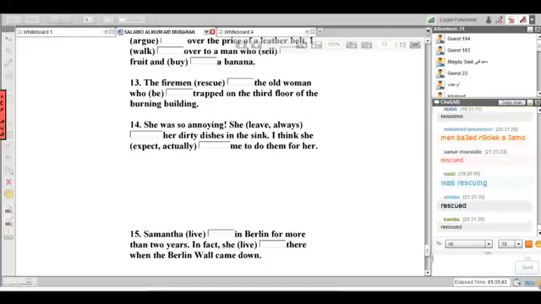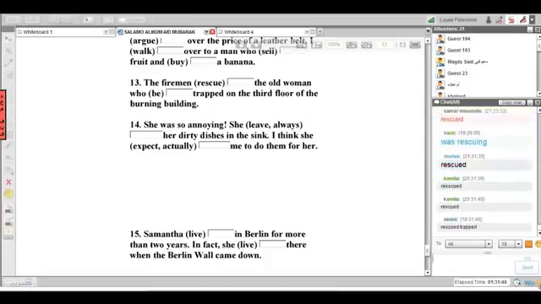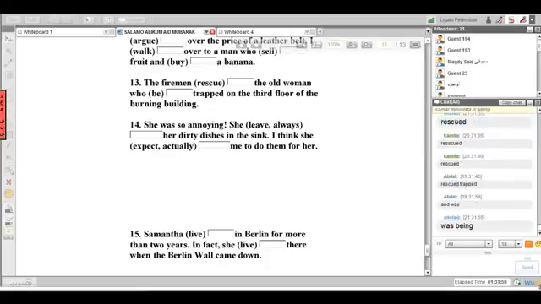Okay. Shifa, here we use always just for a past. Yes, she always left. She always left her dirty dishes in a sink. I think she expects actually me to do them for her.